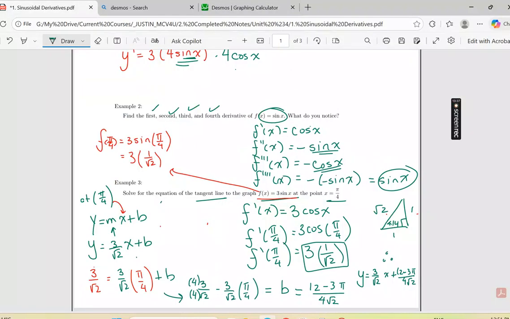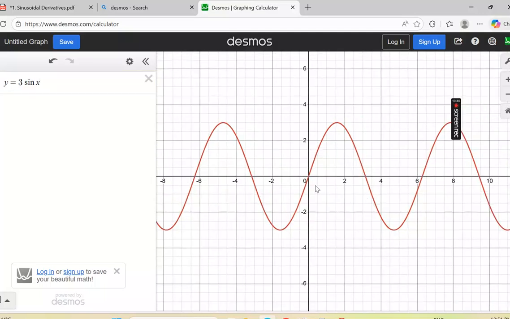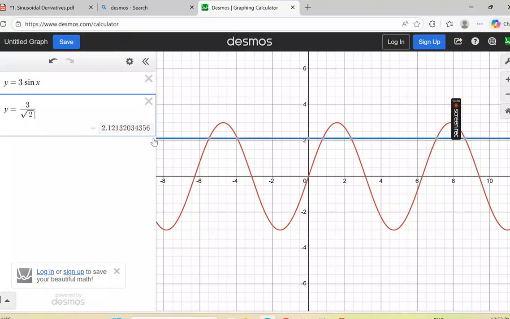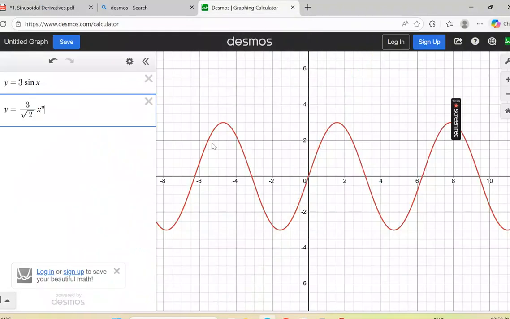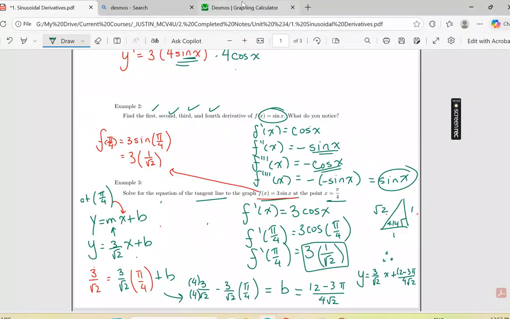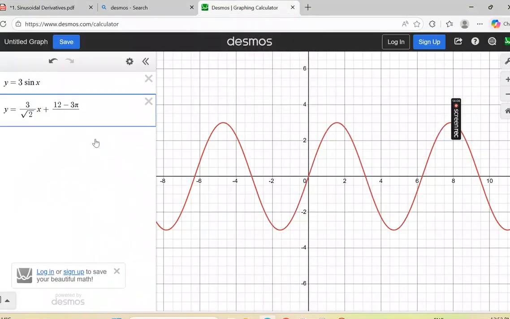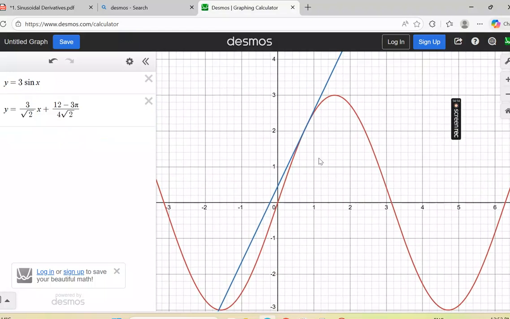And then the equation of my tangent is y equals 3 over root 2 x plus 12 minus 3 pi over 4 times square root 2. So let's see if that is indeed the equation at pi over 4.